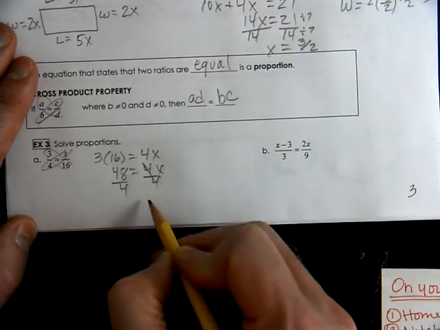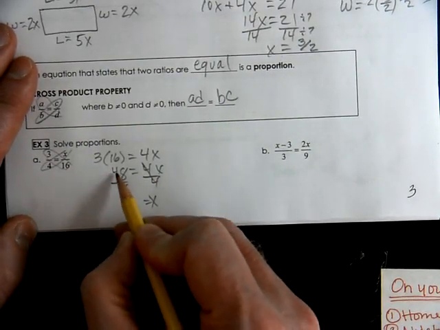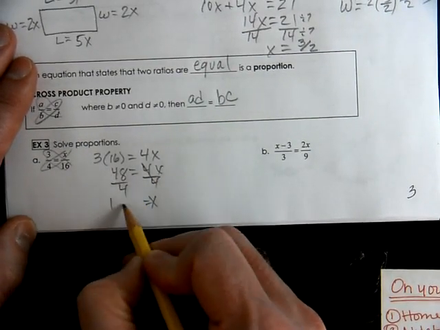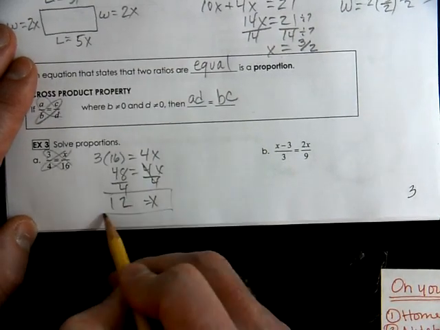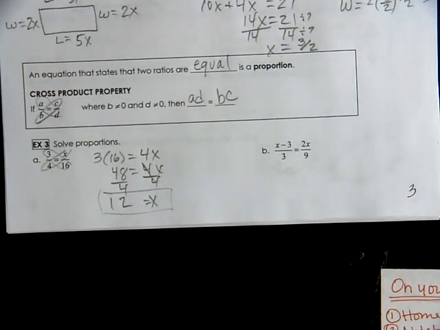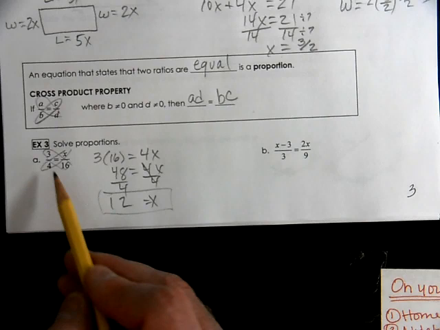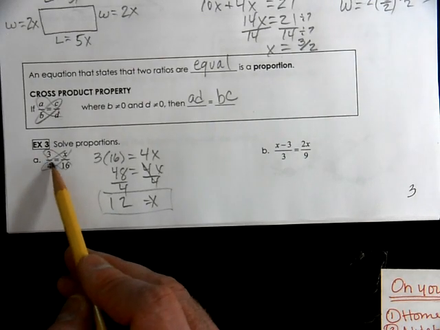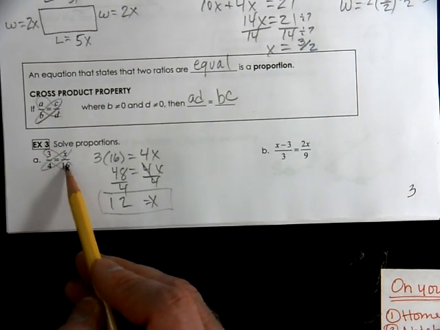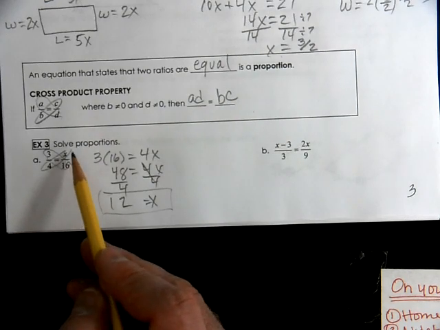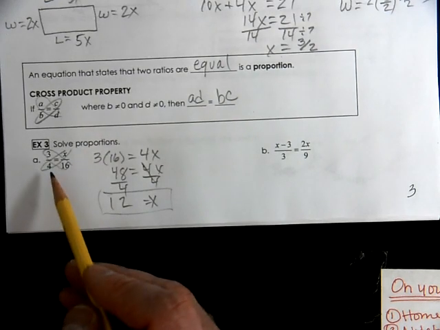And then we divide. 4 goes into 4 once, 4 goes into 8 twice. So this becomes 12. So 3 over 4 is the same thing as 12 over 16. 12 over 16 can be reduced into 3 over 4.